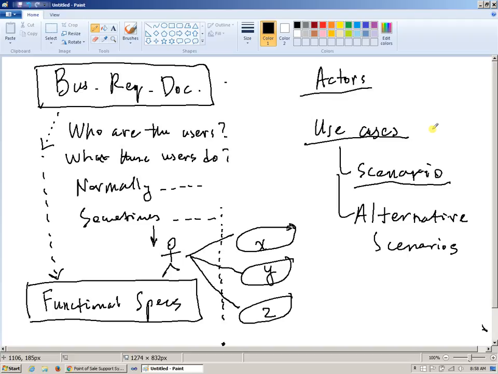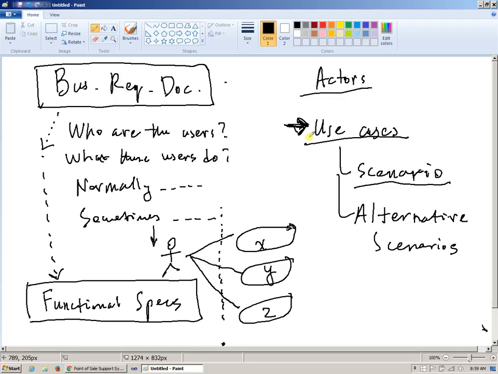So basically, transition from business requirements to functional specifications is basically identifying all of the use cases that we need to be able to support by our software. This portion of documentation or analysis that we're trying to do here is purely not object-oriented.